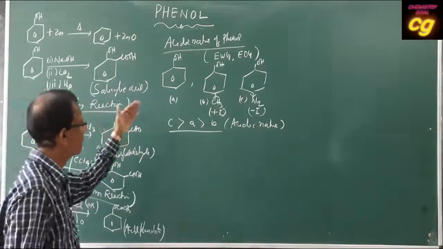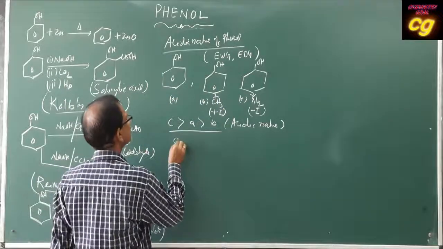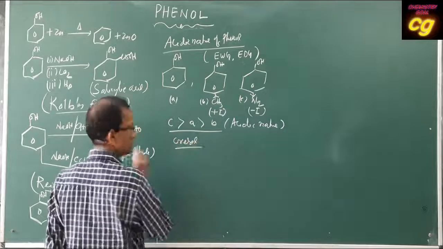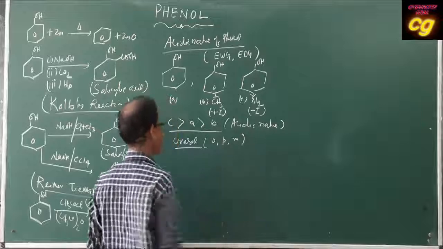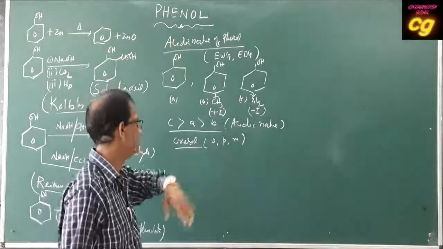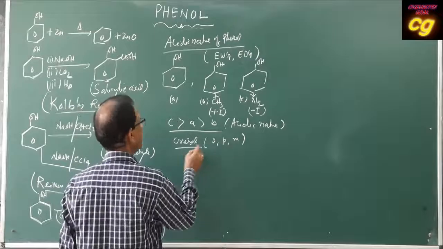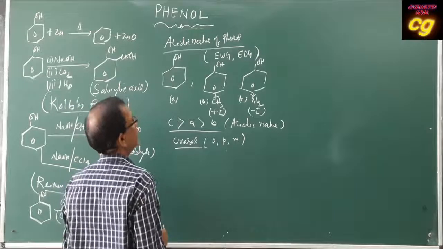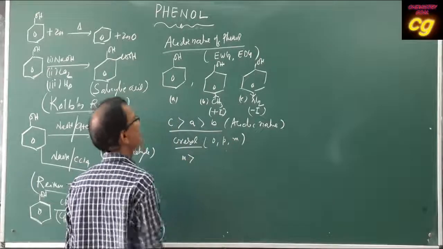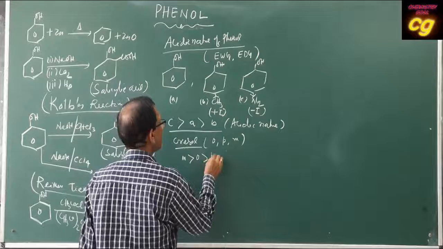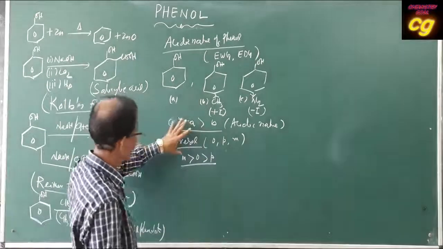But taking the same cresol, suppose nitro, but you know if you take cresol derivatives, cresols are ortho, meta, para. If you see the derivatives of ortho, meta, para cresol, the order of acidic character will be: meta will be more acidic than ortho than para in this case, because of the meta position.